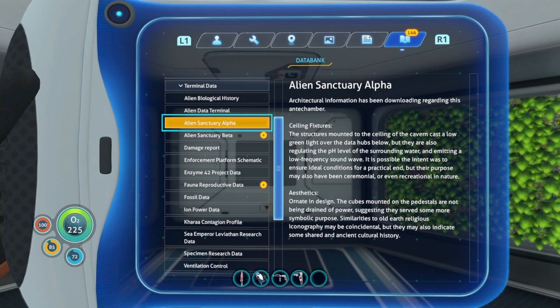It is possible the intent was to ensure ideal conditions for a practical end, but their purpose may have also been ceremonial or even recreational in nature. Aesthetics, I think that's how you pronounce it.